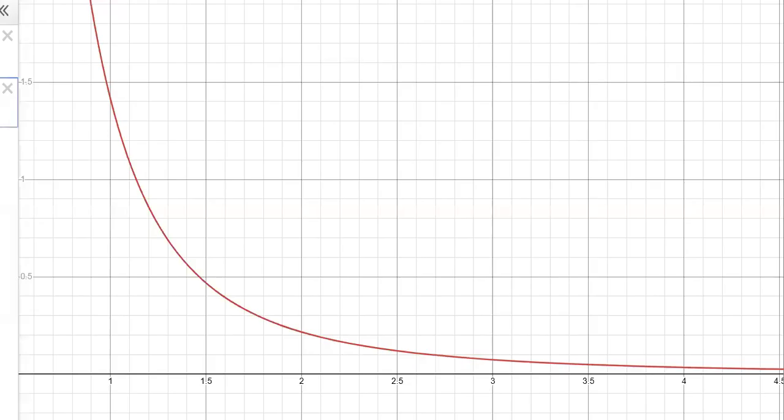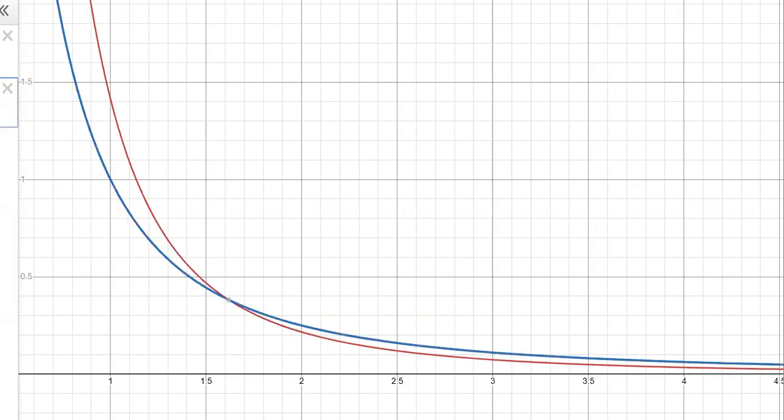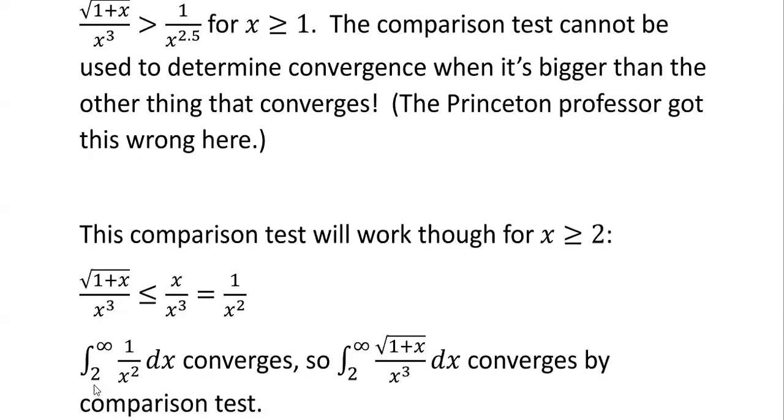Okay, so this is again the function that we want. So we're comparing with what? 1 over x squared, right? Look, 1 over x squared is bigger. Okay, we know that the integral from 2 to infinity of 1 over x squared dx converges. Therefore, our original integral converges by comparison test as well.